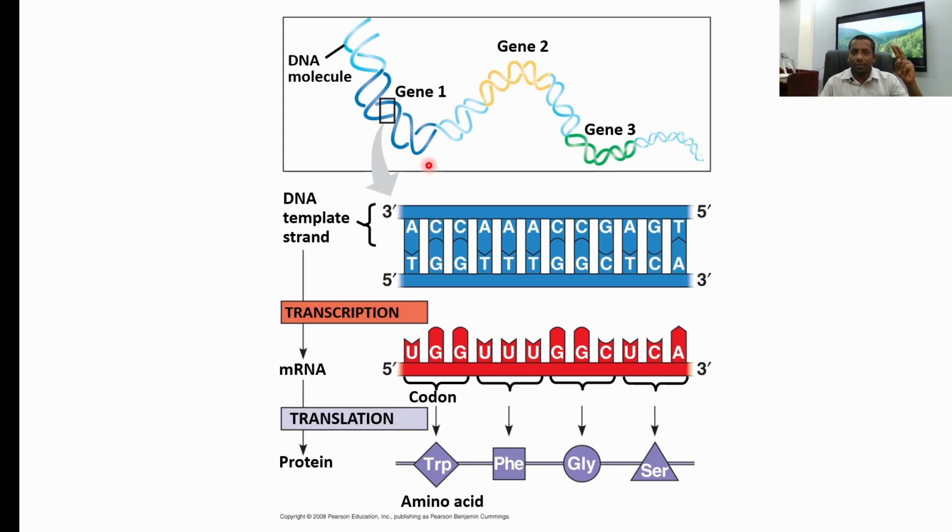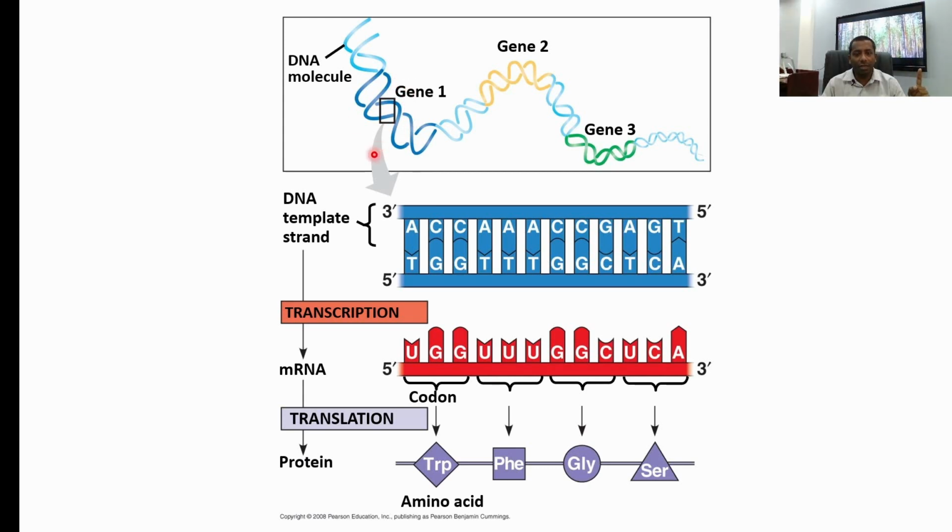In a DNA we have 2 strands, which we call antiparallel strands, bound together by complementary nucleotides, and only one DNA strand is used in the synthesis of protein for a given gene.